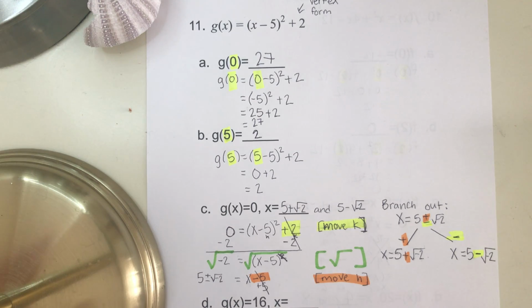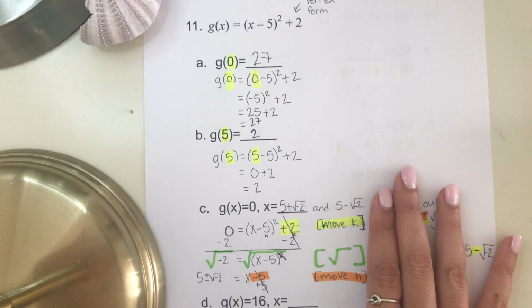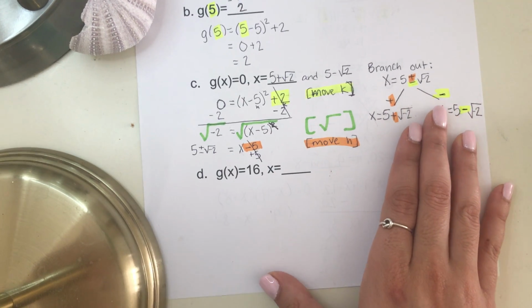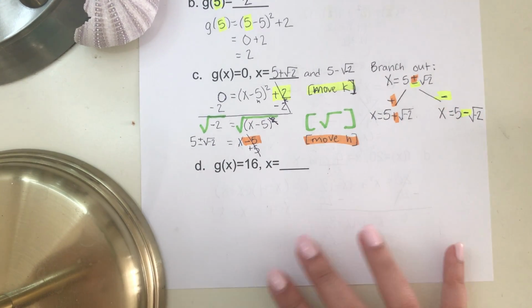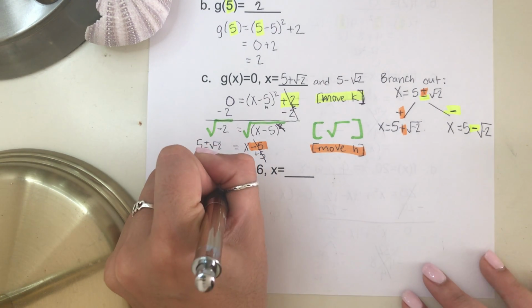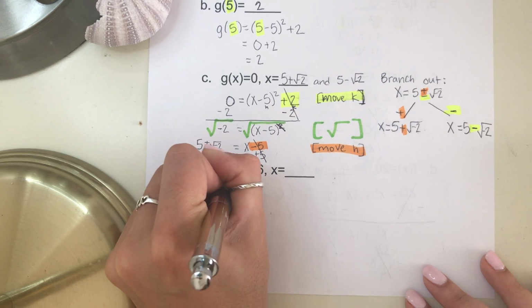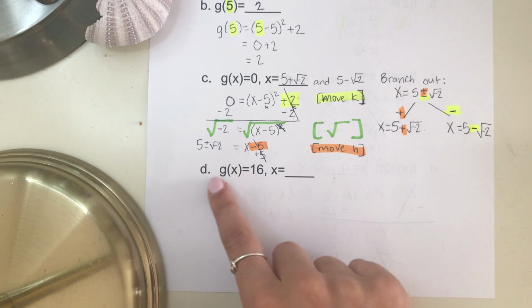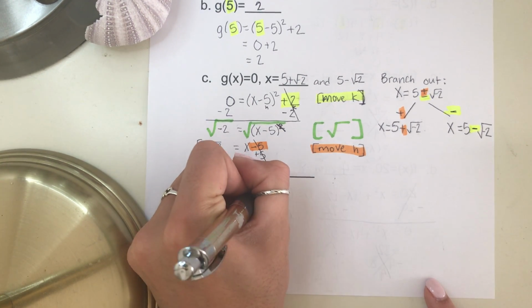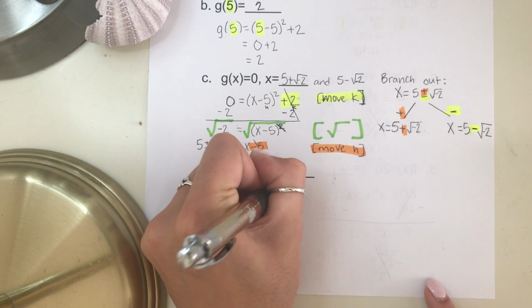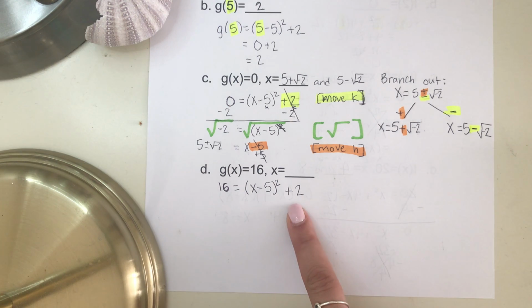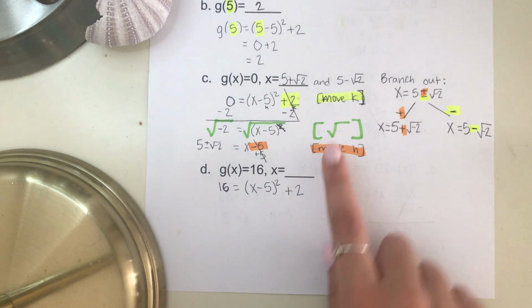So now we're going to do it for g of x equals positive 16. You can see that I've got 16 replacing the term g of x, equals x minus 5 squared plus 2. So my first step, just like up here, is to move k over.